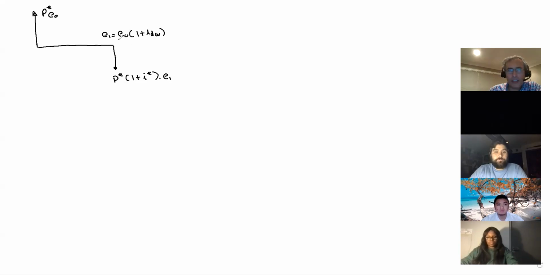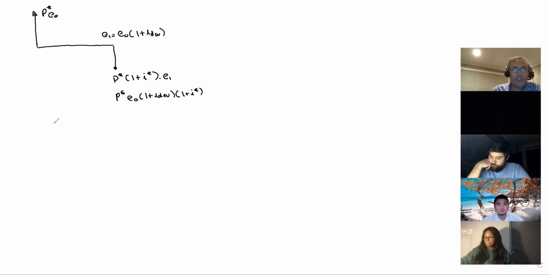Then we said, replace E0 here, so P euros multiplied by E0, times 1 plus the devaluation rate, times 1 plus the interest in euros. Then we said that if I want to find the interest rate in dollars, it's simply this minus this over this. And then we arrive to an equation that looks like this.